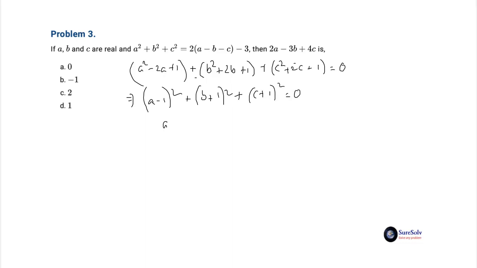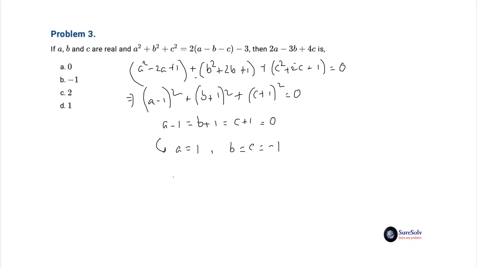This means that a minus 1, b plus 1 and c plus 1 must each be equal to 0. That results in a equal to 1, b equal to c equal to minus 1.